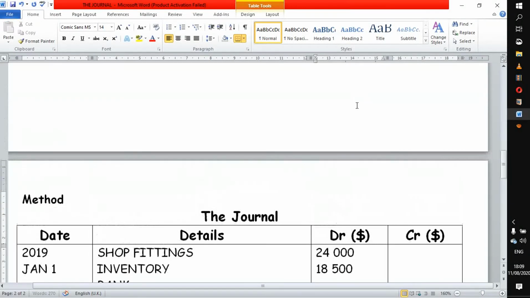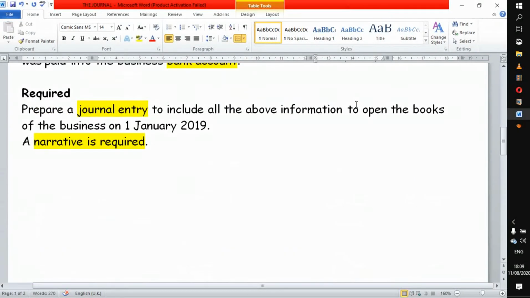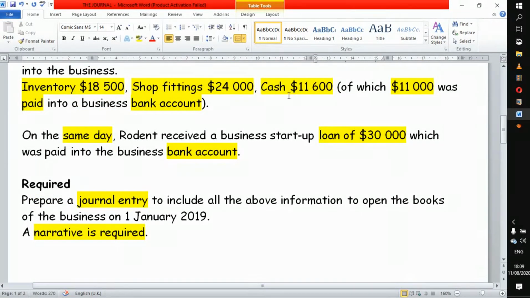Let's go to bank a little bit. I want you to understand what is happening with bank here. Remember, when Rodent came in on that day, he had cash, but this cash was split into some cash that was deposited directly into the bank, 11,000.